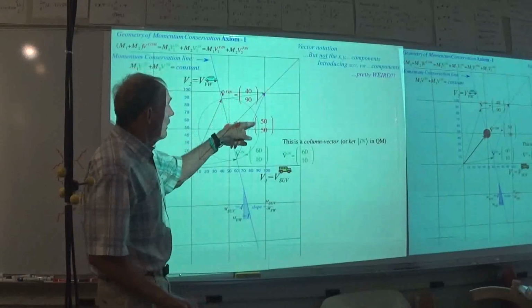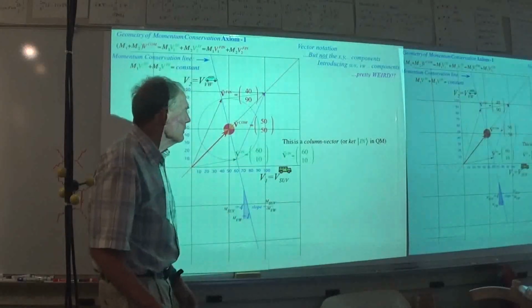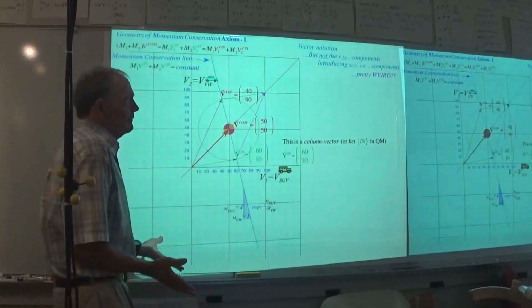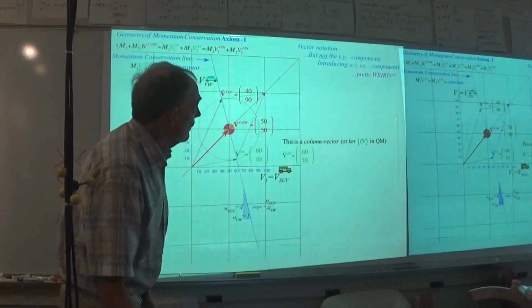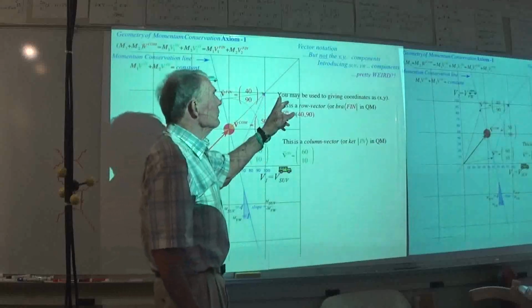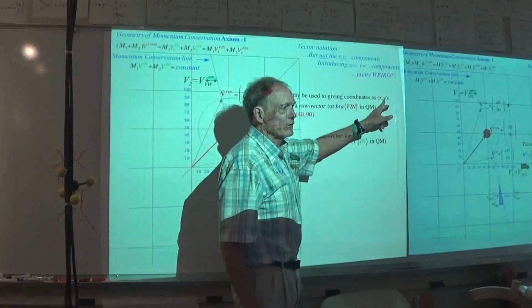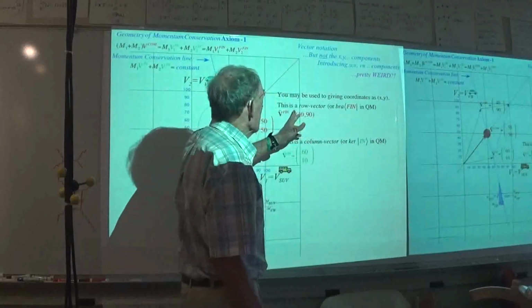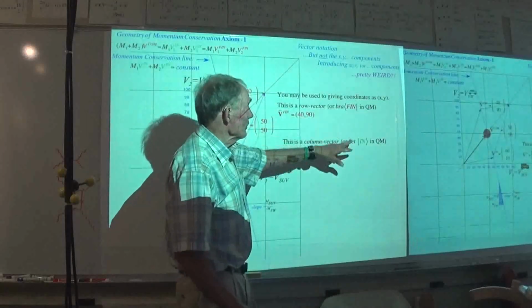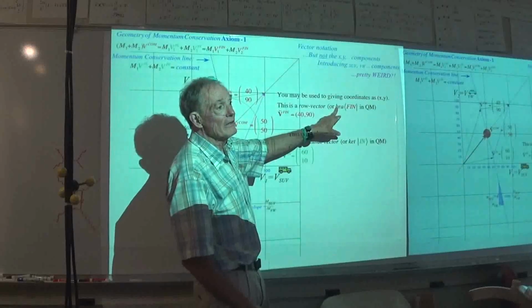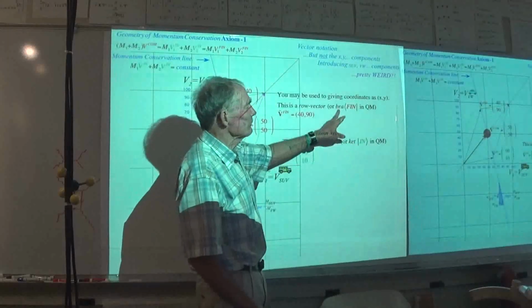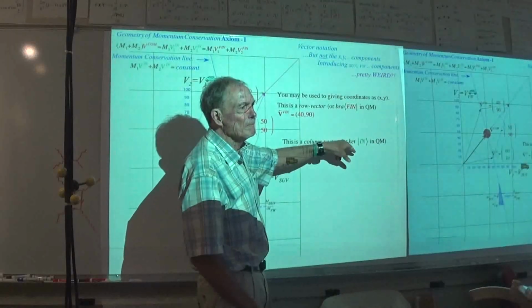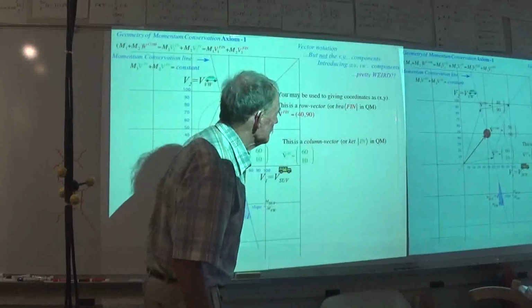And of course, here are the vectors in the usual way that you would write vectors x and y. Well, not necessarily. You're used to giving coordinates like x and y, right? Just x, y. You write that, right? Well, this is a ket, that's a bra. These are these weird things you use in quantum mechanics all the time, right?